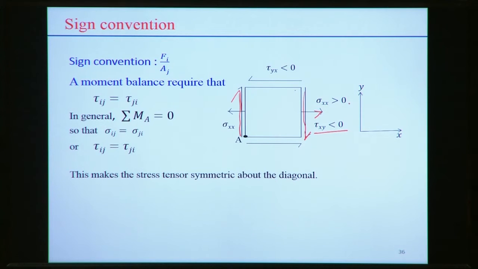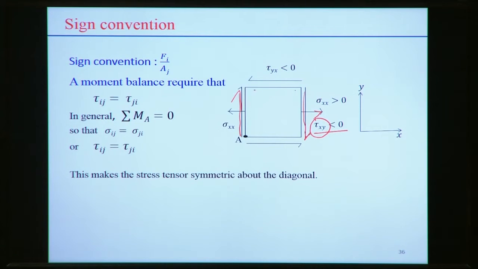The shear stress tau xy is opposite to y, that means the negative y direction, on the positive side of the x axis. Because of the negative direction of y, tau xy in this case represents a negative shear stress value.